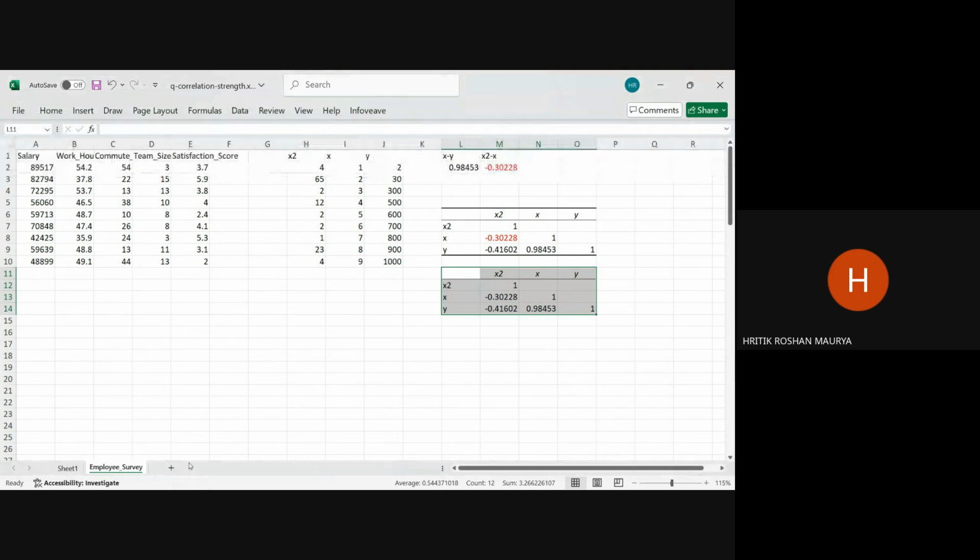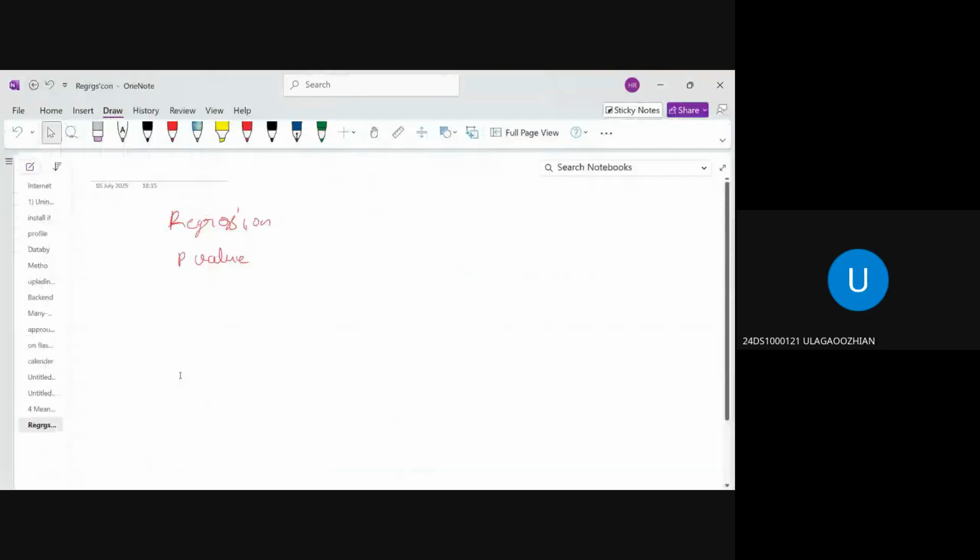Okay, let us move to the other things. Sir, on my Excel, I don't find the data analysis. Do I need to install anything? Yeah, there is an add-on you need to install.